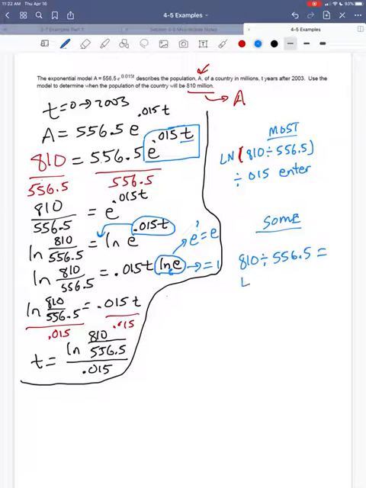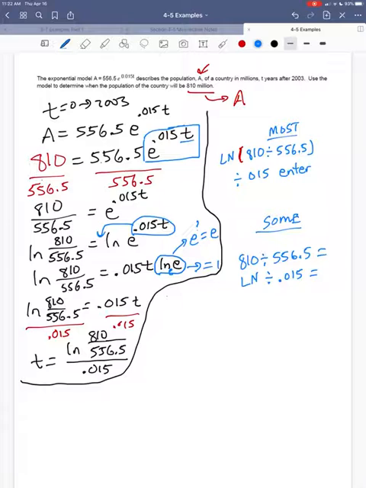Then I hit the natural log button. That will take the natural log of that decimal. That's now the numerator of this fraction that we have here, and now I need to divide by that bottom. So divided by 0.015. Now you've just got the 0.015 in your display. It's waiting to see what else you hit. You have to hit equals again to force it to finish that.